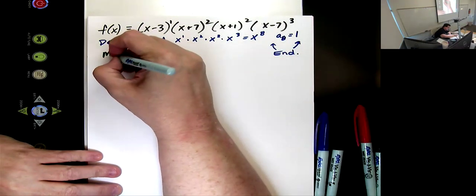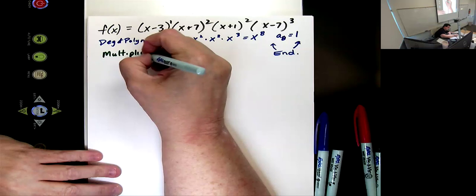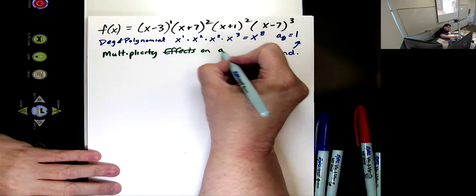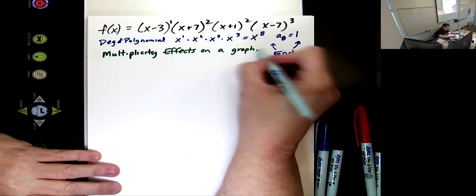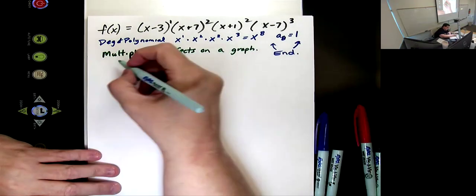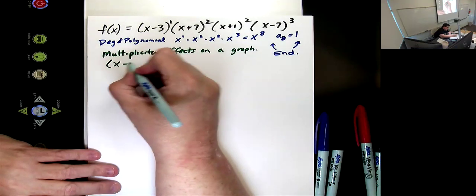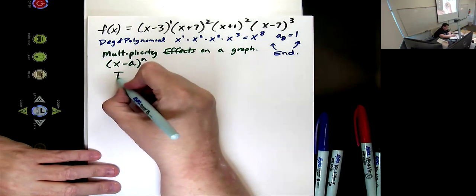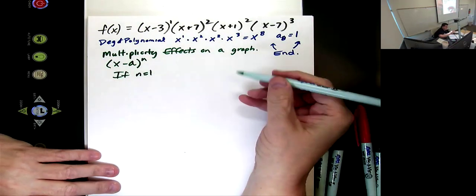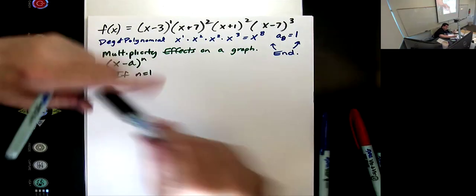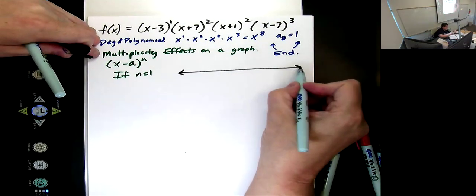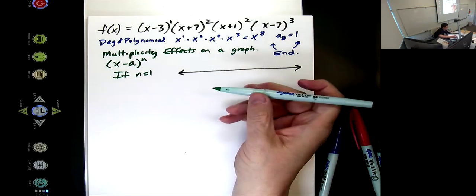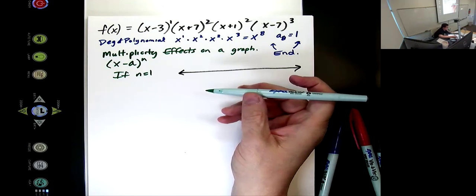So multiplicities, what does this do on a graph? Let's say it's x minus a to the n. If n equals 1, like we've seen, the weird question here is that this graph, like you were saying, almost certainly doesn't have all of those intercepts.